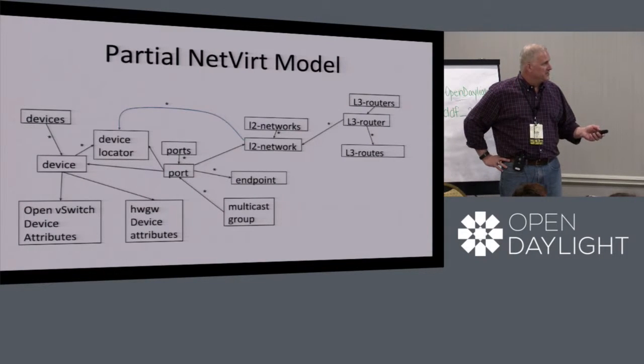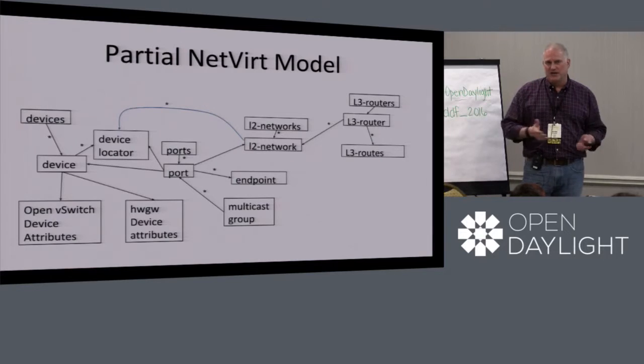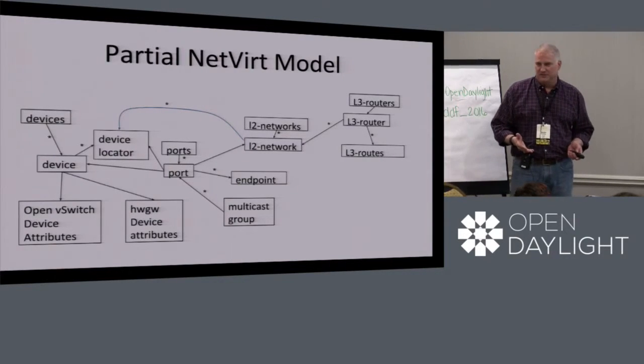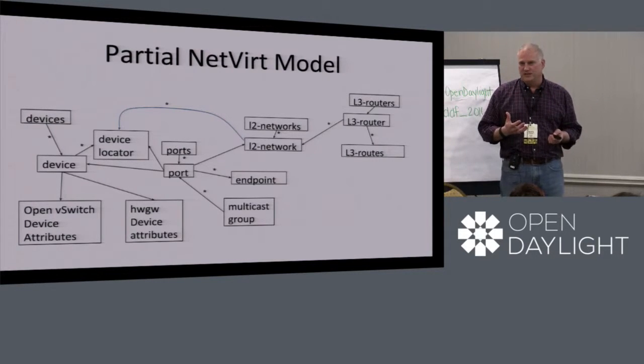So information about the layer 2 networks and logical ports would come down from Neutron, but based on that, you don't have enough to go ahead and program devices. You need to learn about the presence of the physical devices, and each device would have information about how you reach that device over the network: IP address, encapsulation type.